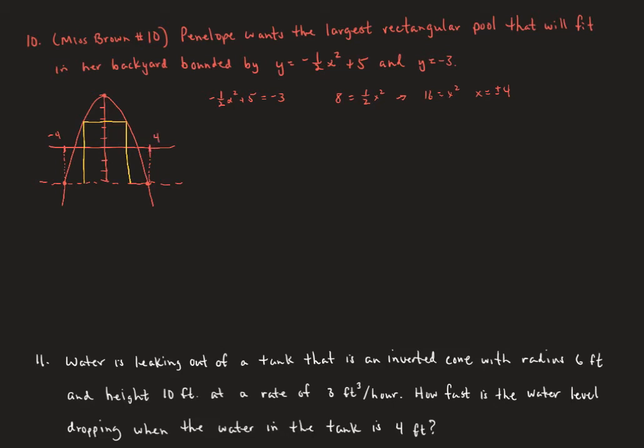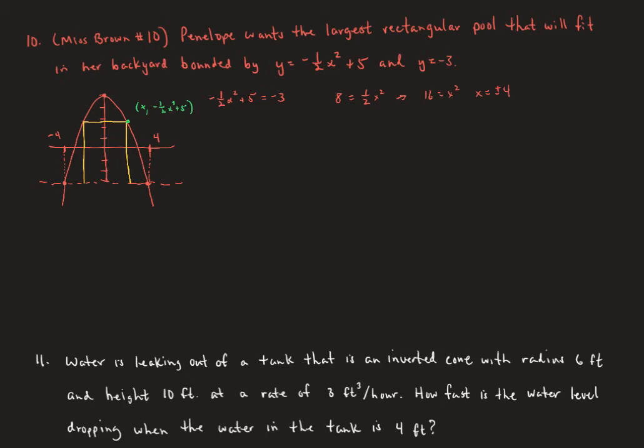Now, this point right here is a shared point with our rectangular pool and our curve. So it's going to be x for the x-coordinate, and its y-coordinate is going to be negative 1/2 x squared plus 5 because it's on that parabola.